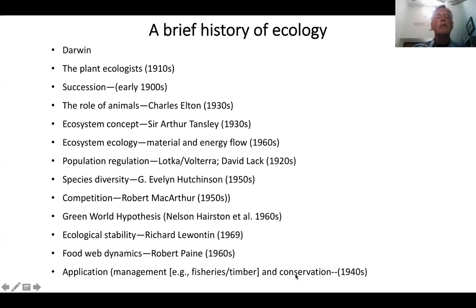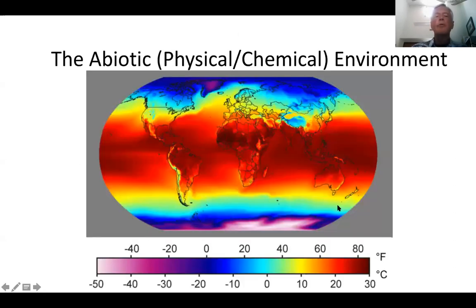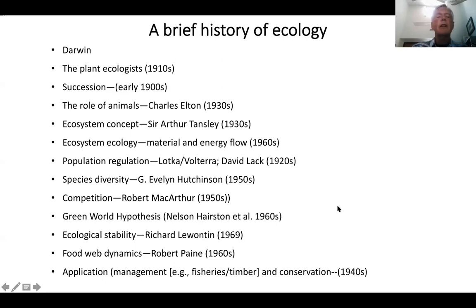And conservation was essentially the dimension to ecology that was intended to try to keep people from destroying nature. So that's kind of a brief history of ecology. And some of this may not mean too much to you, but it should at least give you a general sense of when ecology started and what some of the big developments have been along the way.